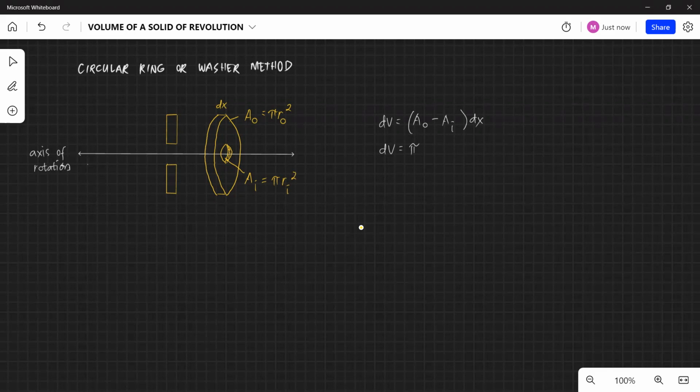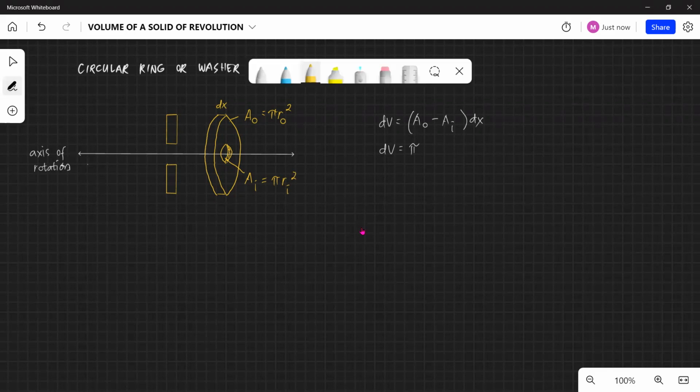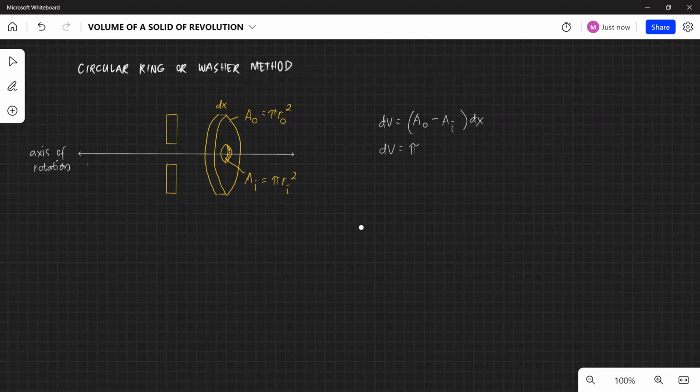And the radius of the outer circle for a vertical strip is this y value here. So meaning, y of the upper curve.